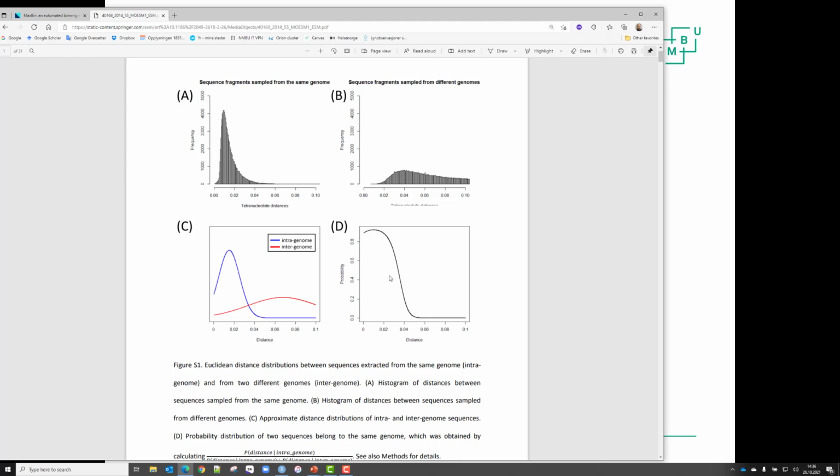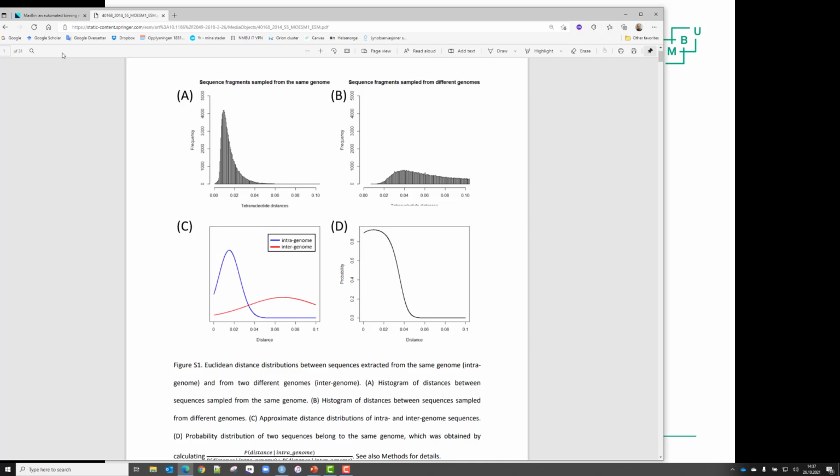And then the last panel here, which is actually this p-dist quantities. That's actually what we call the posterior probability based on these two densities. So how do we get the values of this black curve? Well, you do it like this. For one particular position on the x-axis here, you measure the height of the blue curve, and then you divide it by the sum of the height of the blue and the red.